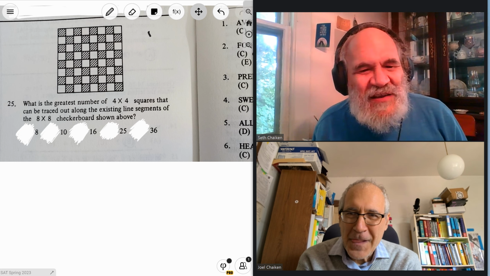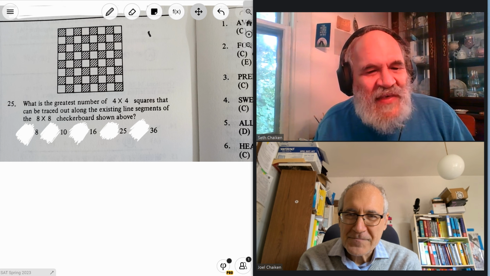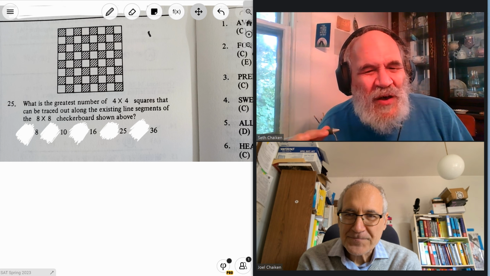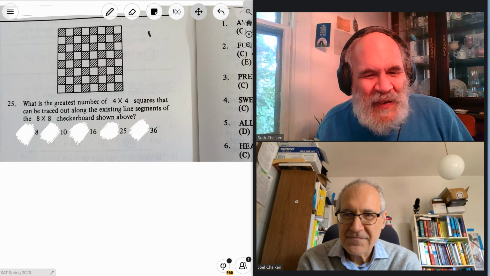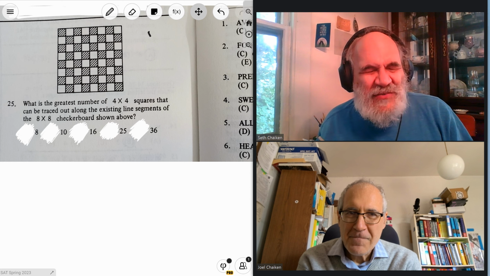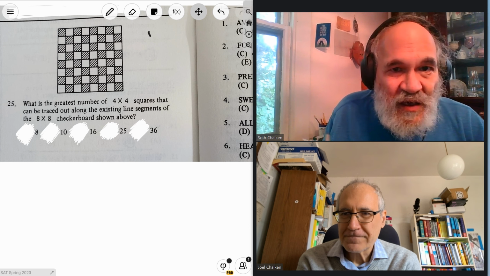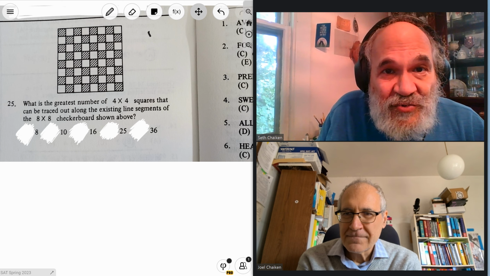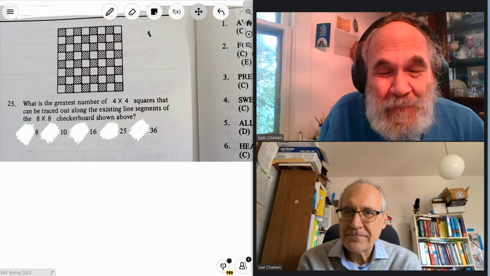What is the greatest number of 4x4 squares that can be traced out along the existing line segments of the 8x8 checkerboard above? Okay, so I assume that the deal is, let's see, I'll use red. I shall use color red.